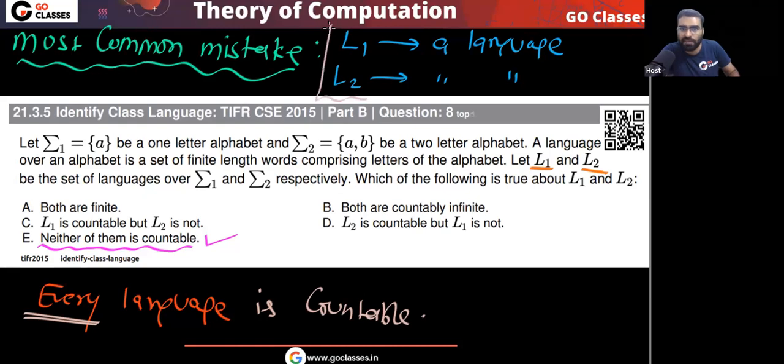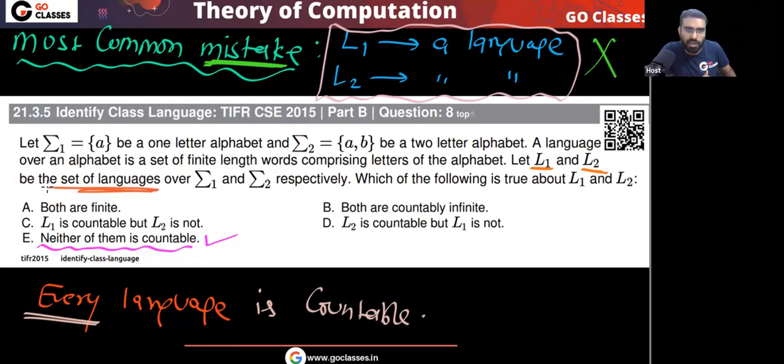And this is wrong, remember. Is this clear? Read the question properly. The question says L1 is the set of all languages. So remember, L1 is not a language.